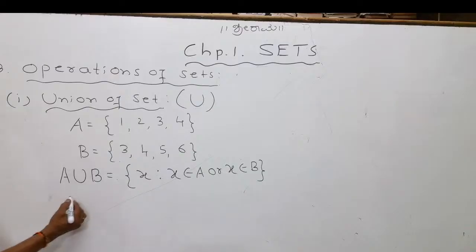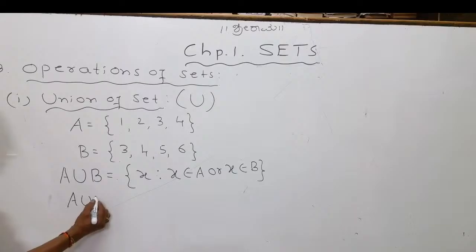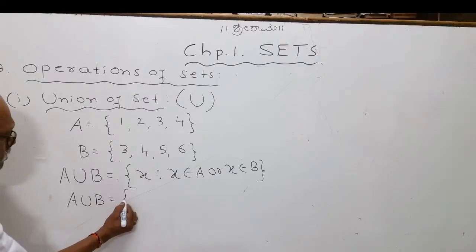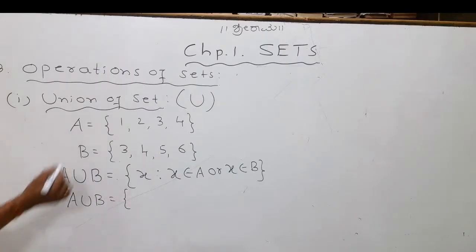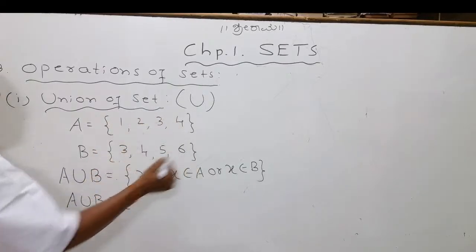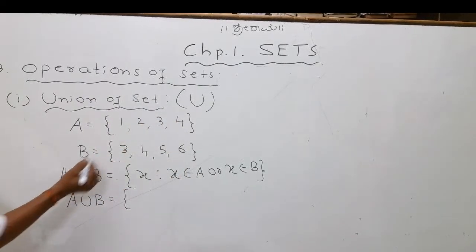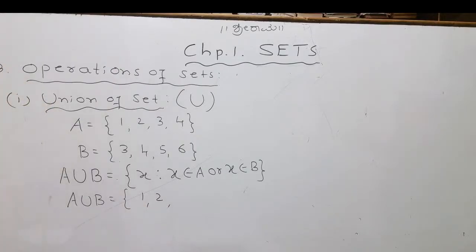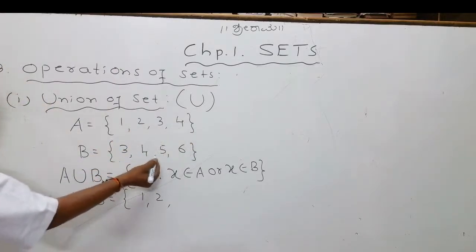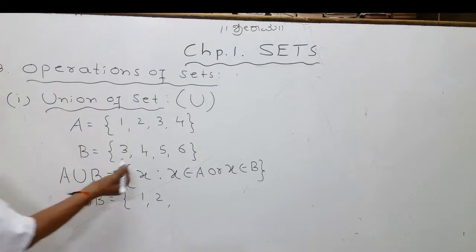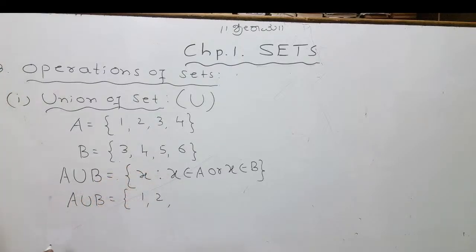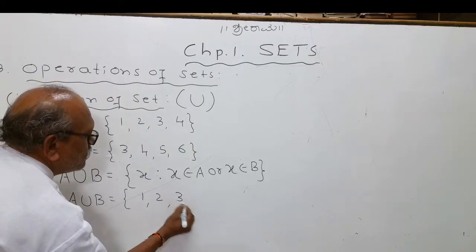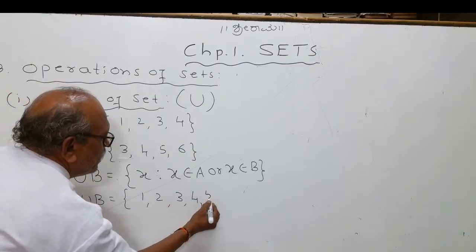Now can you tell me what are the elements present in A union B? Observe A union B. They must be either present in A or present in B. Now if I write 1, 2, then 3, 4 are present in A as well as in B. So therefore you can take 1, 2, 3, 4 and 5, 6.